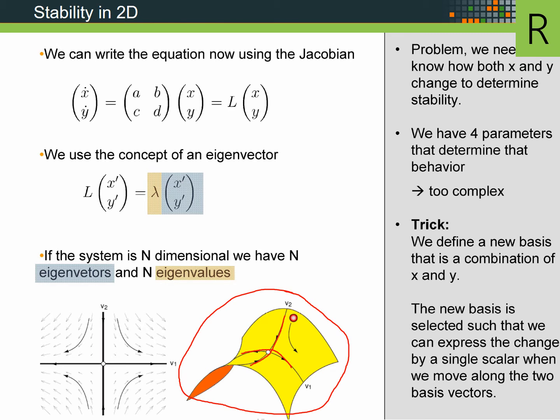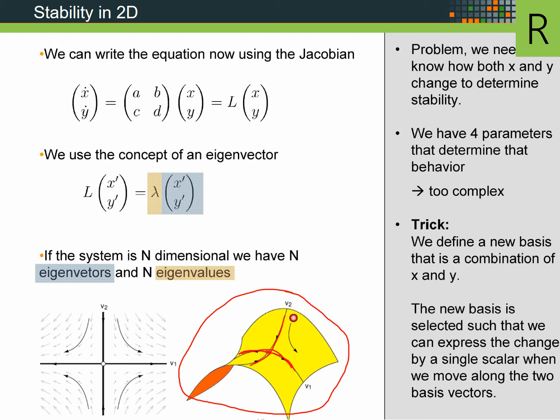Mathematically speaking, these are the lines in which the direction is not changing. So in other words, if we start the dot somewhere here in the center and we follow in the eigendirection, then the ball is only rolling in this eigendirection and not going in any other direction.